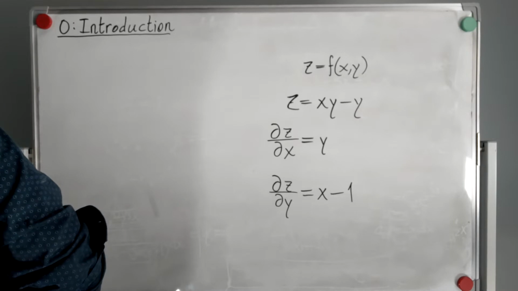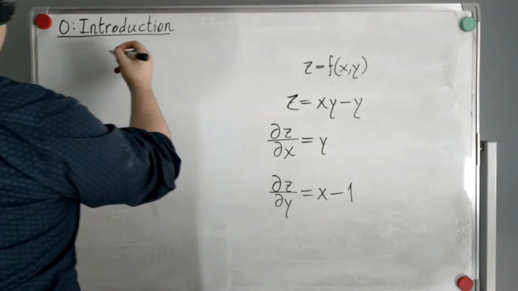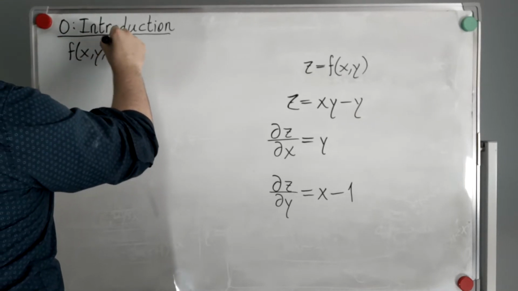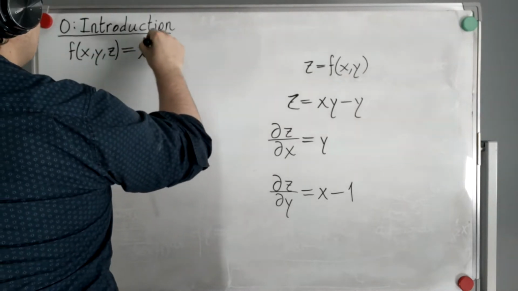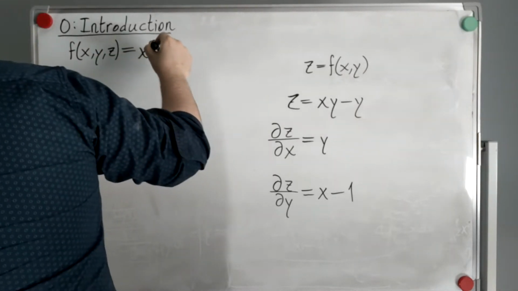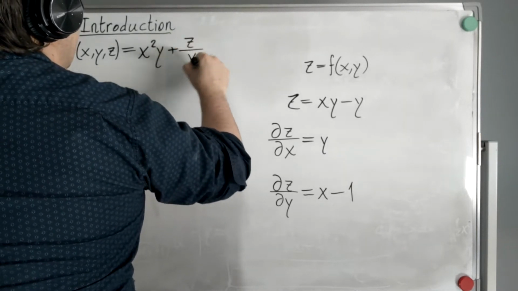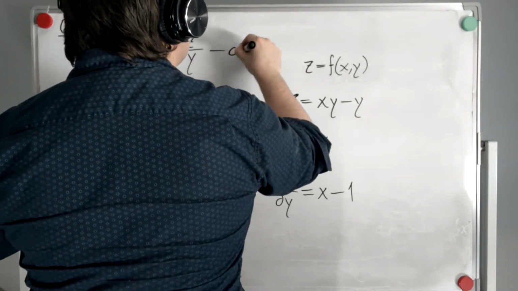And let's just do one more example so that we're clear on this. You could have a function of 3 variables. You could have something like f of x, y, and z is x squared y plus x, like z over y minus the cosine of xy plus z.